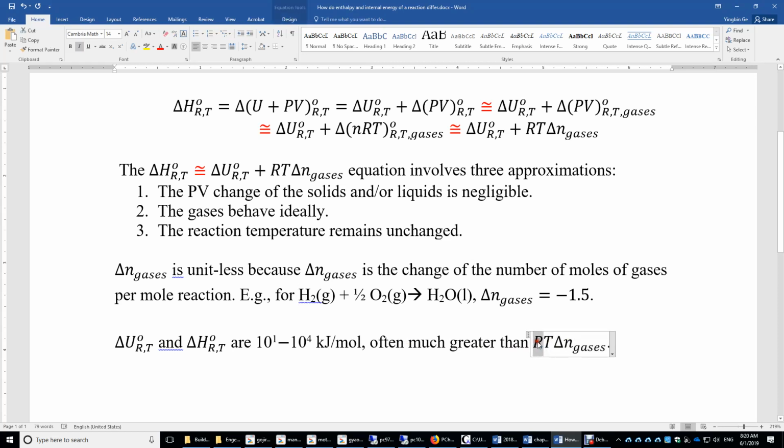If R is 8, T is 300, delta N gases is 2, and then the product is roughly 5,000 joule per mole or 5 kilojoule per mole. 5 kilojoule per mole is much smaller than the magnitude of the standard internal energy or the standard enthalpy of a combustion reaction, which is often several thousand kilojoule per mole.